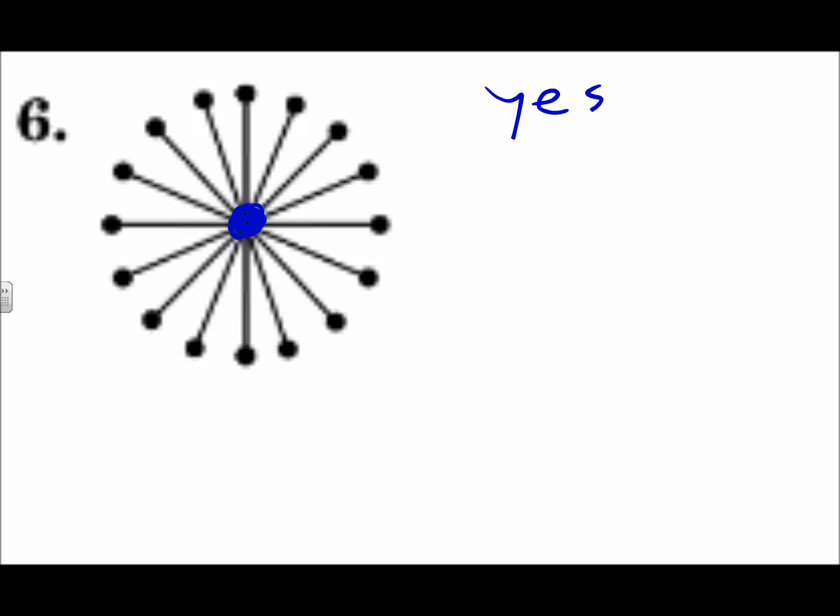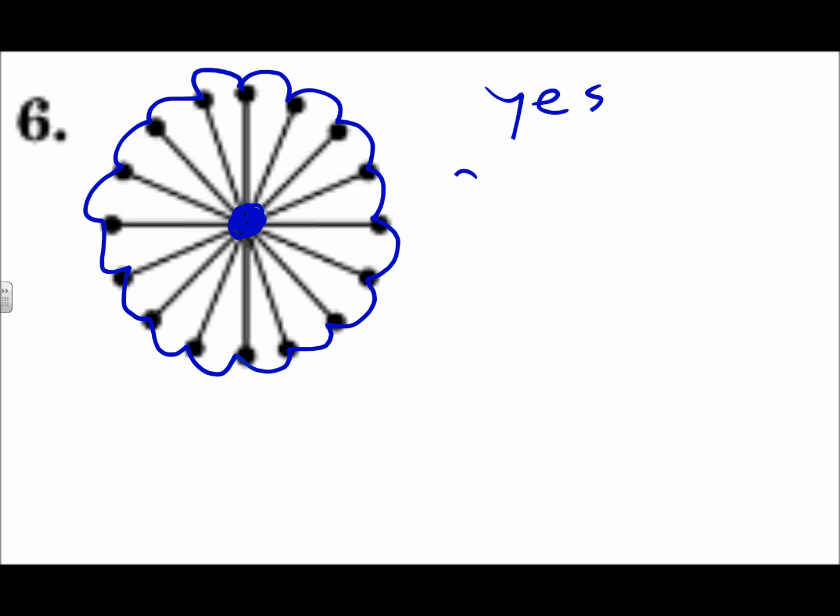The order is how many times it maps onto itself in a full circle. If you start at the top, 1, 2, 3, 4, 5, 6, 7, 8, all the way around, 16 is the number of times it maps onto itself. So the order is 16.